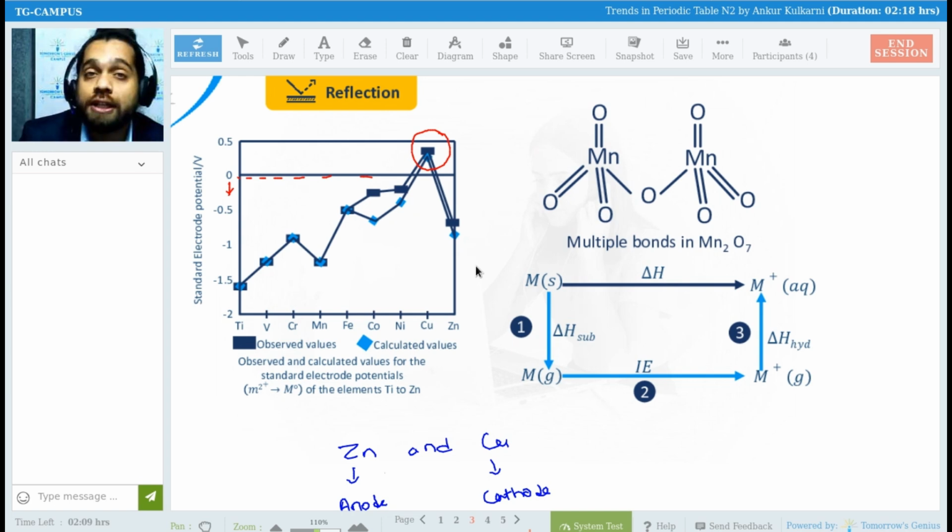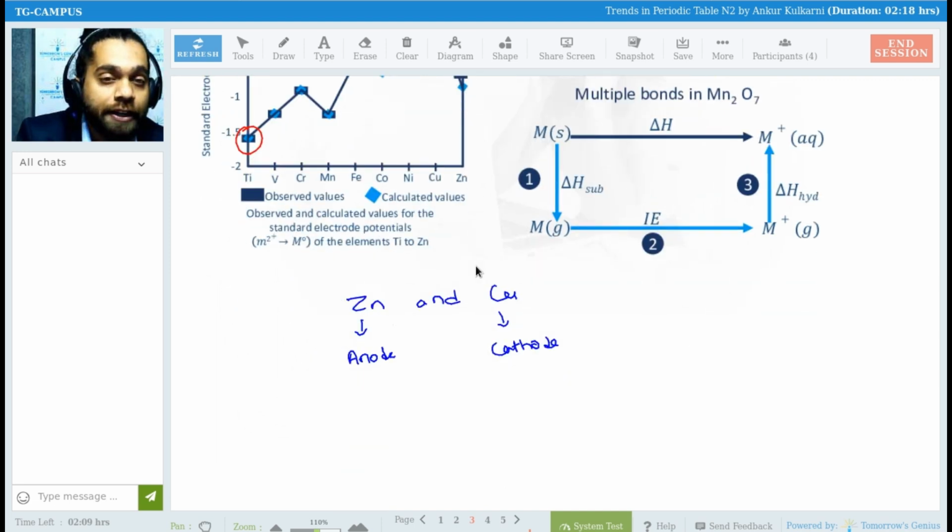So if you have a positive reduction potential, it will undergo reduction. The more positive the value, the more the reduction will happen. The more negative, this will be the best to undergo oxidation. So if the reduction potential is negative, it will undergo oxidation, and hence we used copper as a cathode.